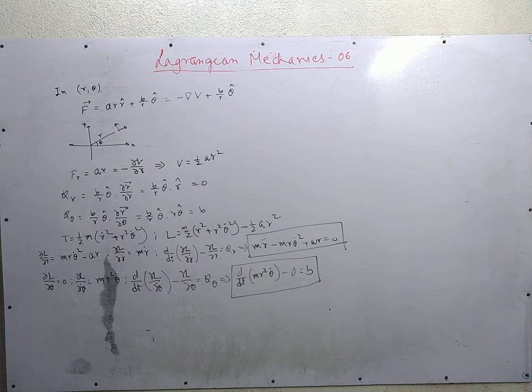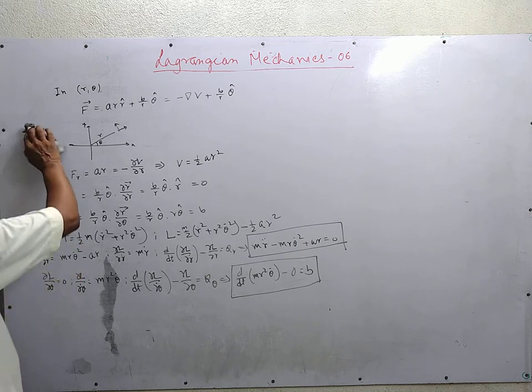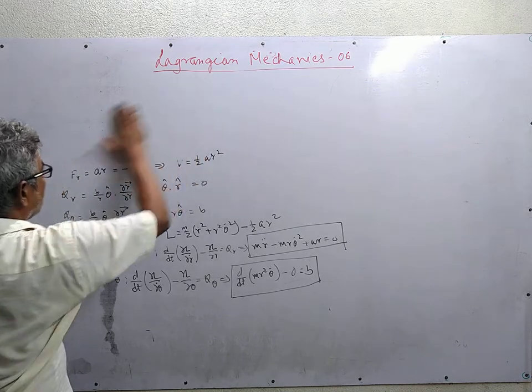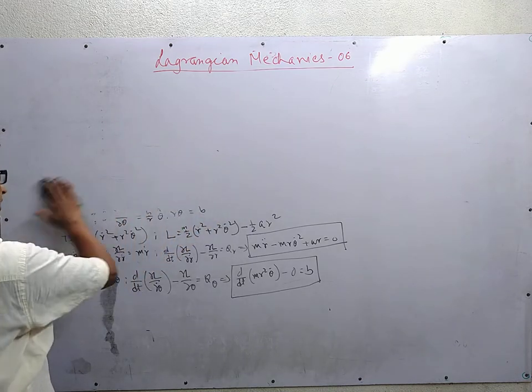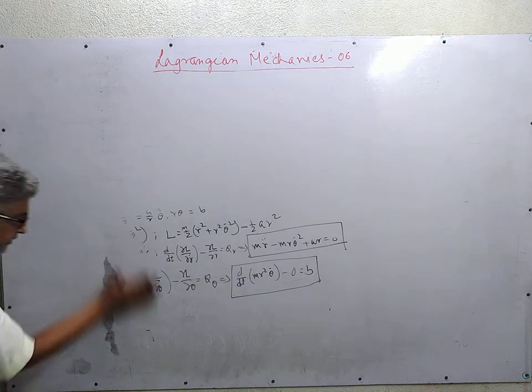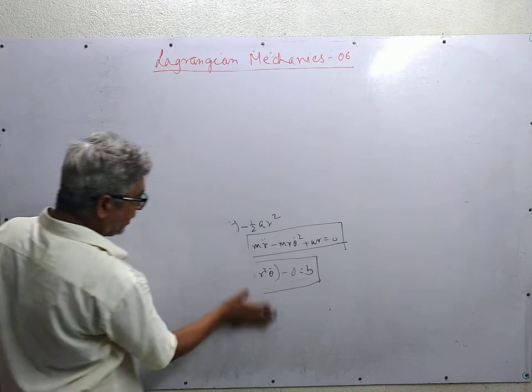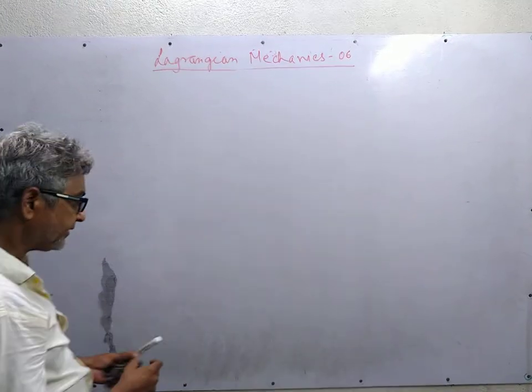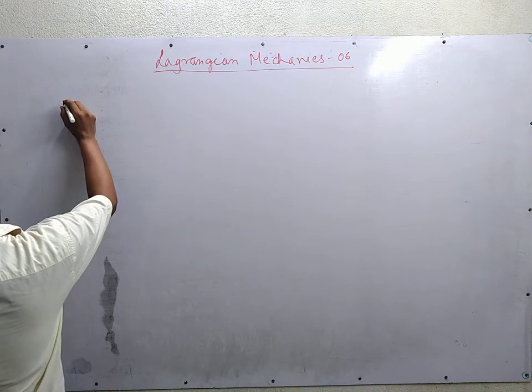So here we have applied the Euler-Lagrange equation to very simple cases. As the third example, where the dissipative or frictional force is considered, we consider the projectile motion in air or a particle descending down under the action of gravity, where the air resistance is taken into consideration.